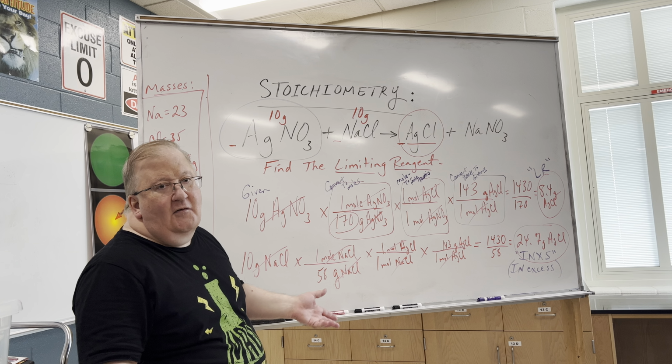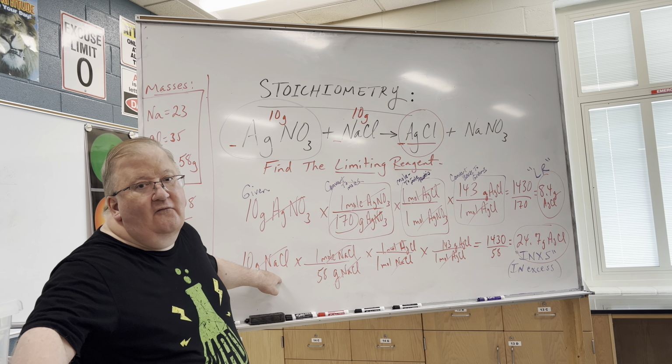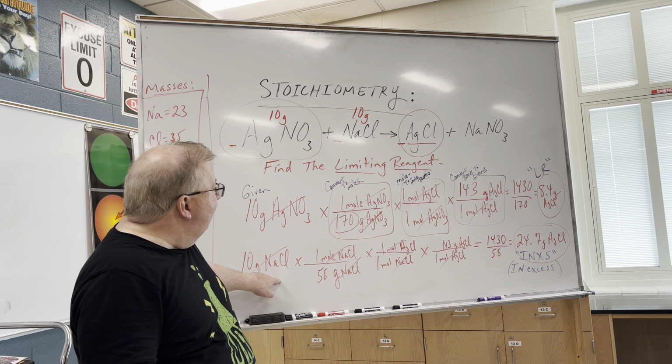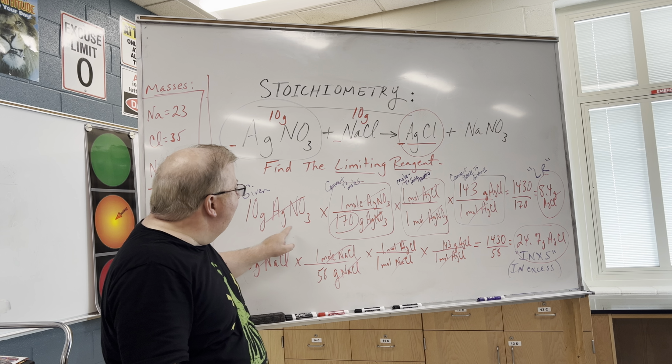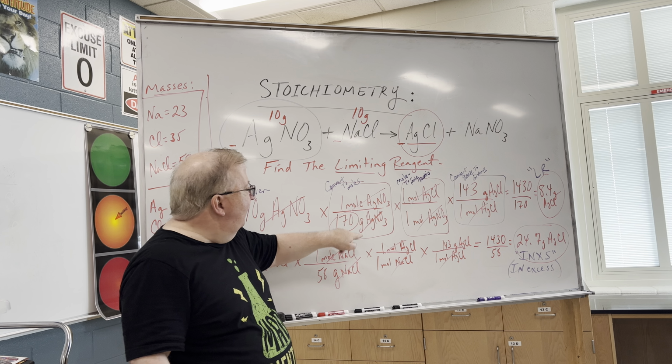So whatever's being given in the problem, you write that down first for each reagent, okay? Then we convert the grams to moles. How did we do that with dimensional analysis? We took the molar mass and put it on the bottom, with 1 mole on top, because that's how you always say how many grams are in a mole.